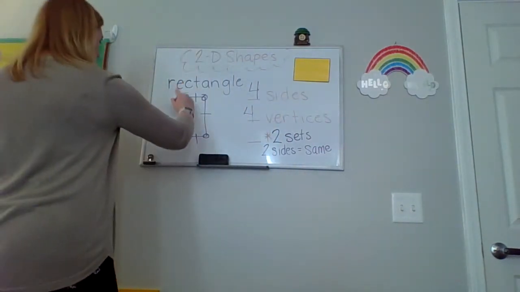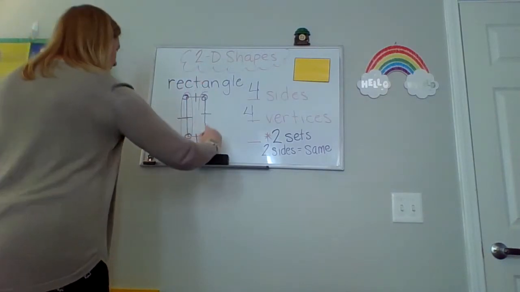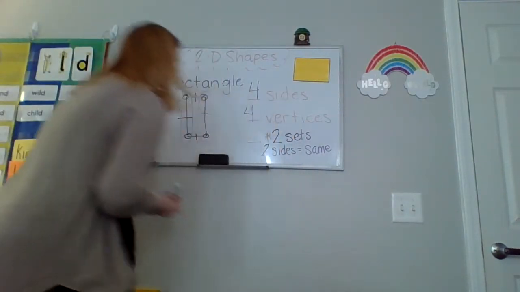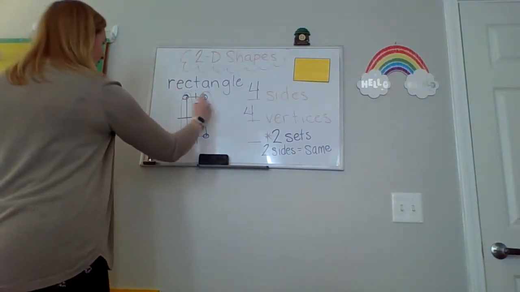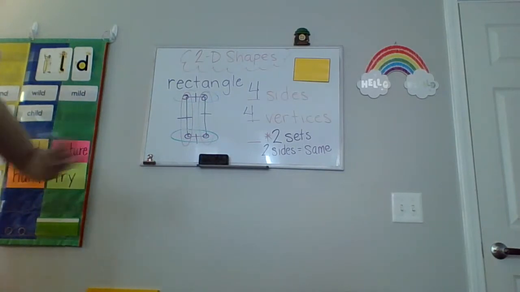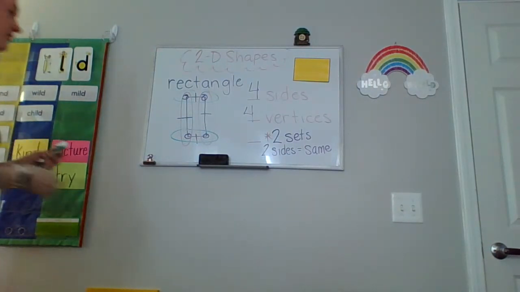Here's one set. This side is the same as this side, right? And then this side is the same as this side. Just something a little bit extra. I don't think you'll have to do that today, but that's okay.